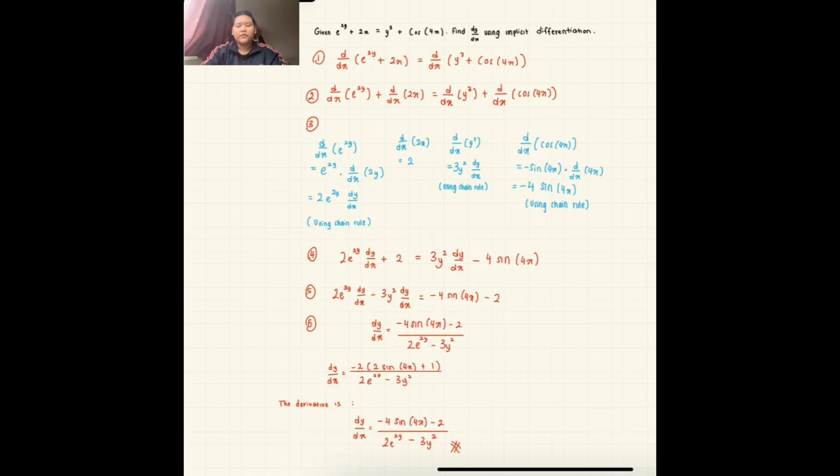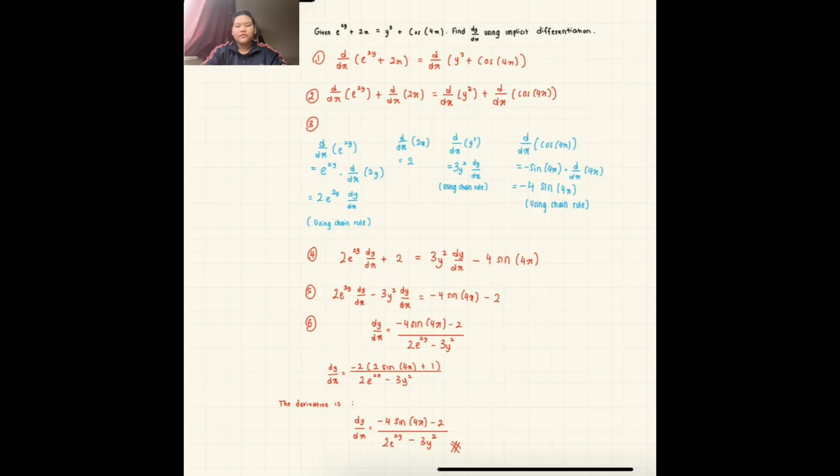Subtract 2 from both sides: 2e^(2y) dy/dx minus 3y^2 dy/dx equals negative 4 sine 4x minus 2. Step 4, solve for dy/dx. Factor out dy/dx from the terms on the left side.